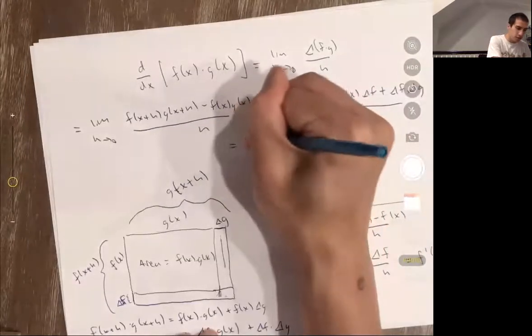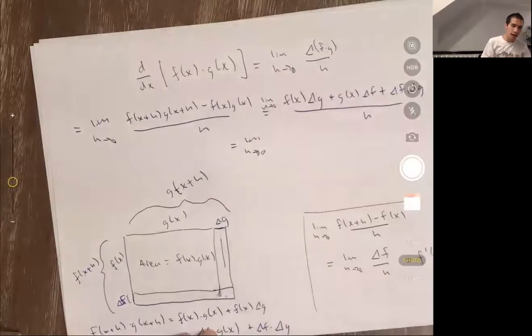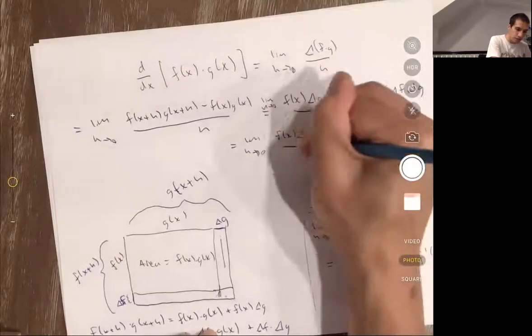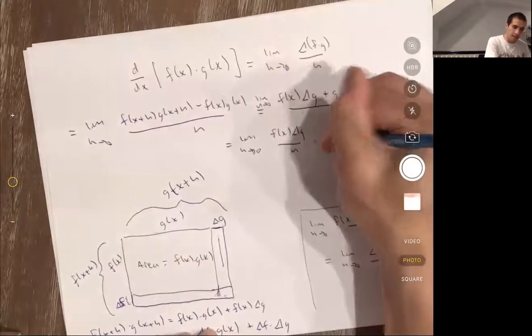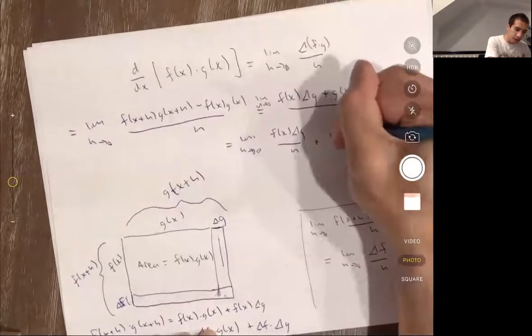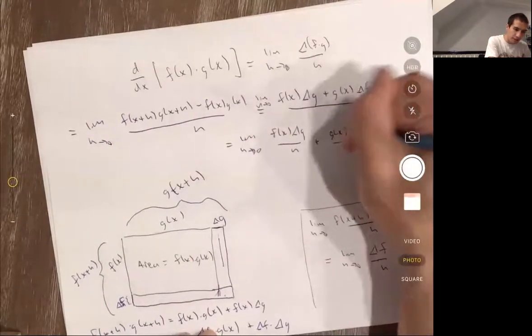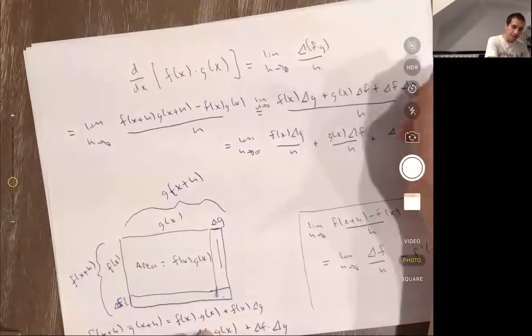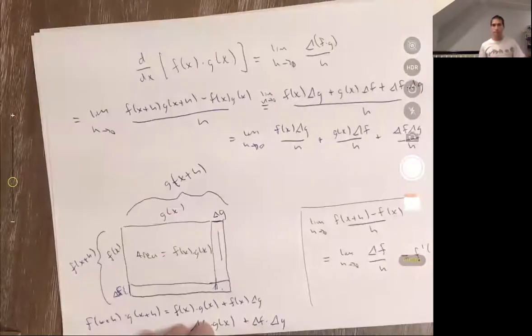So it's the limit as h goes to 0 of f of x times delta g over h, plus the limit as h goes to 0 of g of x times delta f over h, plus the limit as h goes to 0 of delta f delta g over h.